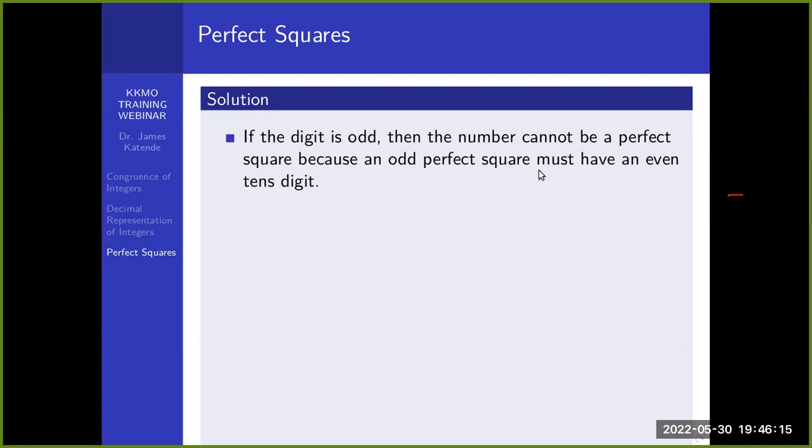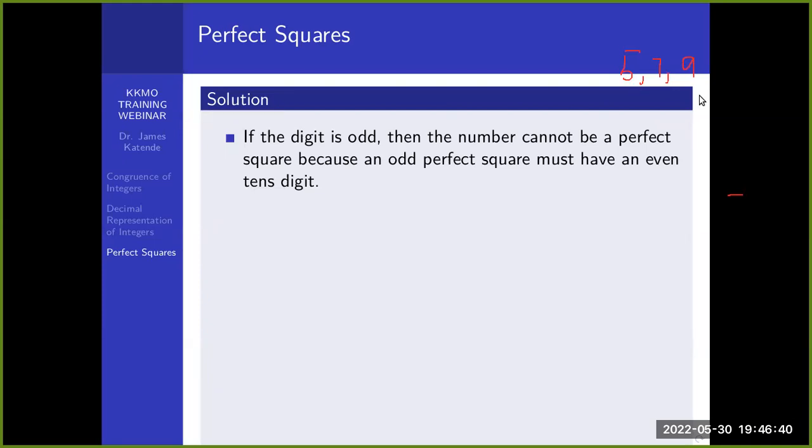Based on the properties we saw earlier, this cannot be a perfect square. So that eliminates all the odd numbers, which would be 1, 3, 5, 7, and 9. Any number in which every single digit is one of these cannot be a perfect square.